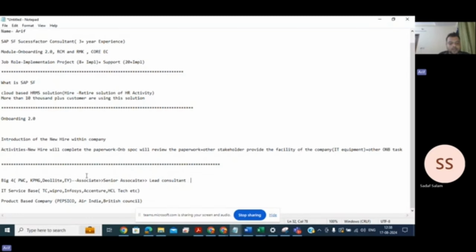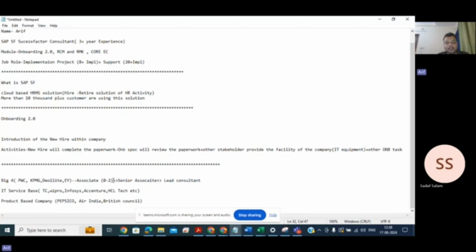If you are starting with SuccessFactors, then you can start with this role, where experience ranges from 0 to 2 years. Within the 0 to 2 years, if you are good in the subject, if you are able to showcase that you have a very good command over the solution, then you can easily grab a job in these Big Four companies.